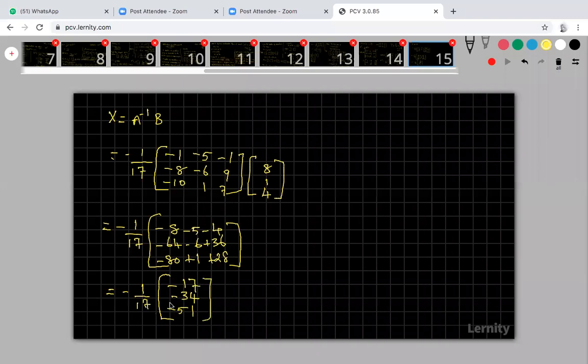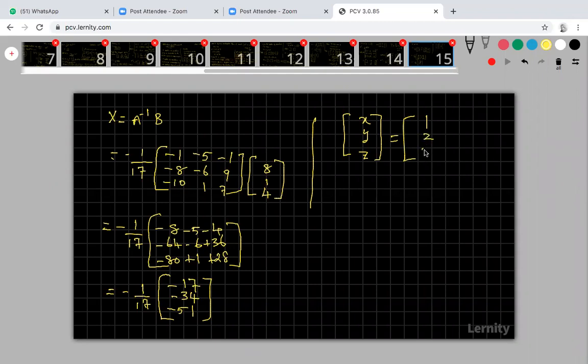Now multiply this -1/17 here. The left hand side is the X matrix, X, Y, Z. On the right hand side, -17 into -1/17, the answer is 1. Here -1/17 into -34, minus cancels, 34/17, it is 2.